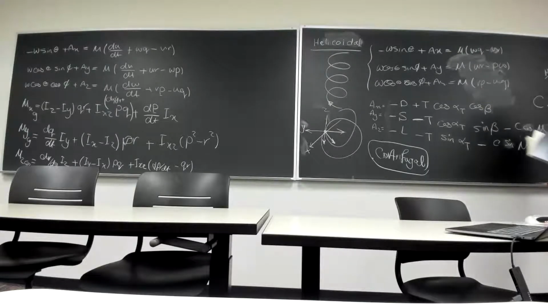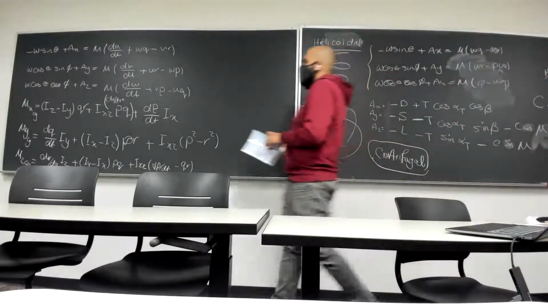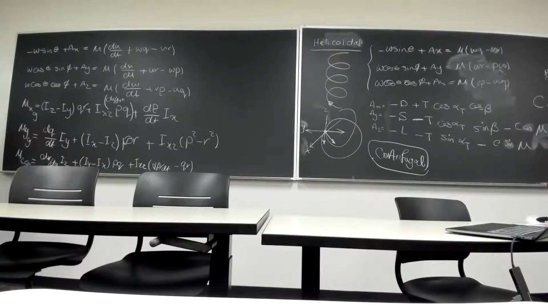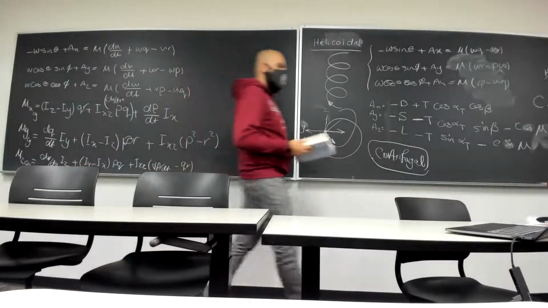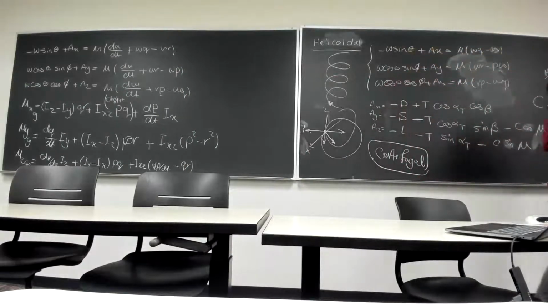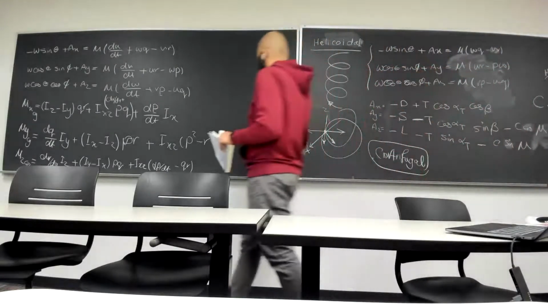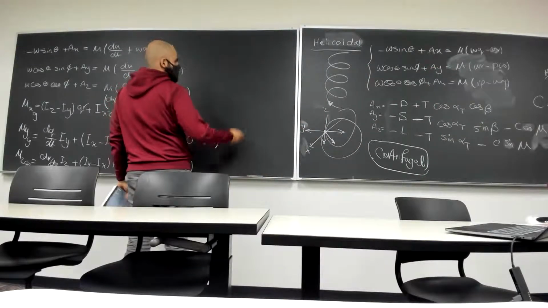I see an omega in my notes, but it's with the translational vectors. Did we talk about the coordinate systems, the frames of reference?